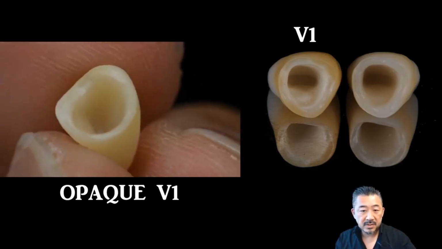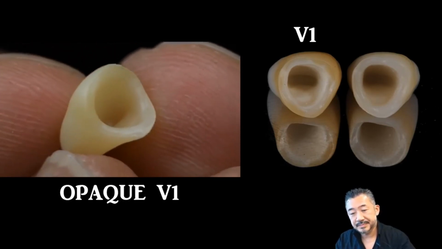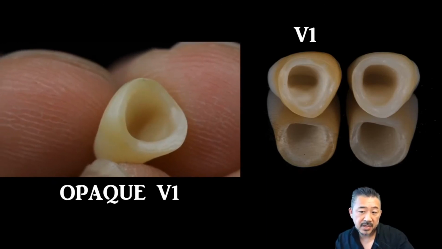So it's better to apply less stain than usual on the outside. The screen on the right with the two crowns has an orange applied to the cervical area. I applied this opaque to the left crown. So then you can see the orange color is emphasized, right?